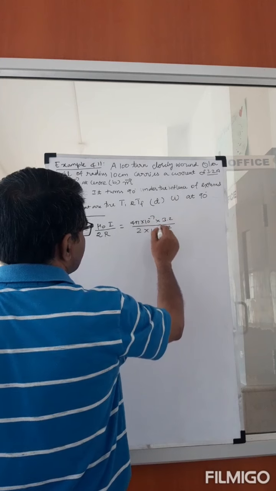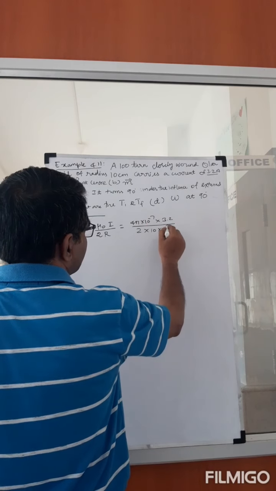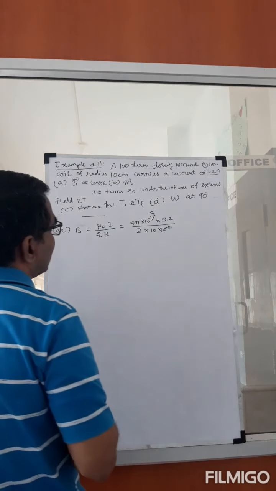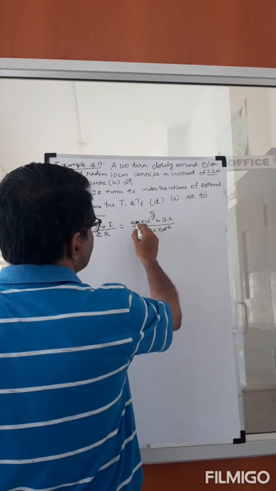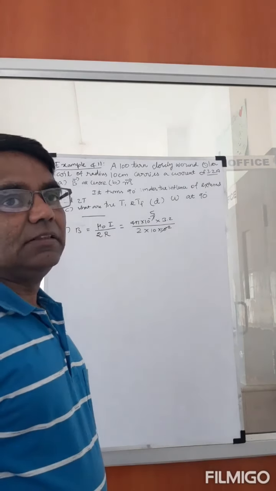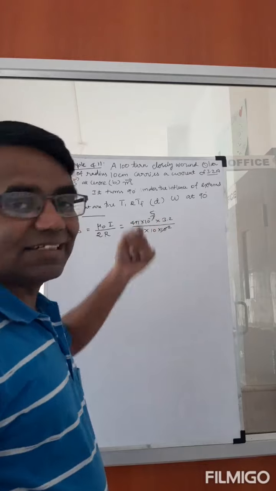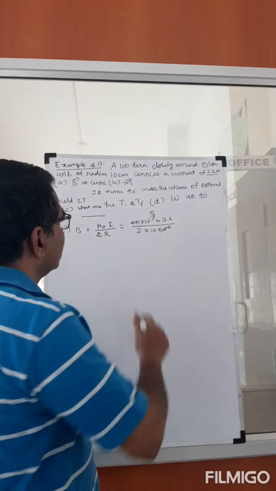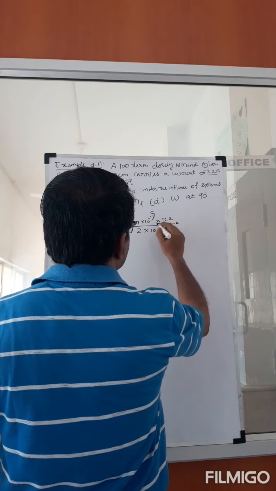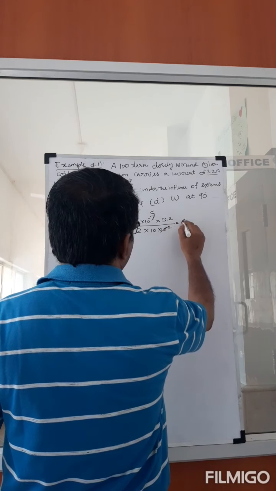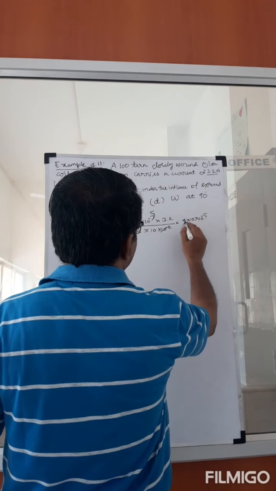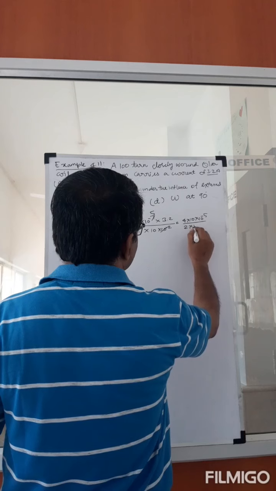So the 2 will cancel, and then what you get here is 3.2 into pi. Pi is 3.14, and if you multiply that with 3.2, you get roughly 10. So that will be 10 power minus 4. So you get 4 into 10 power minus 5 divided by 2 into 10.